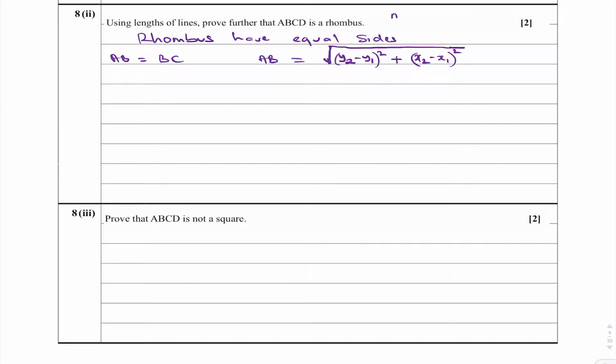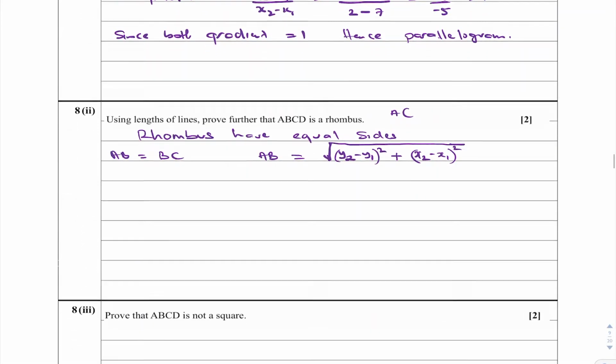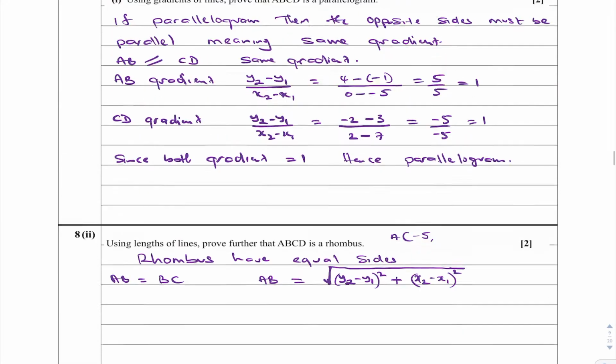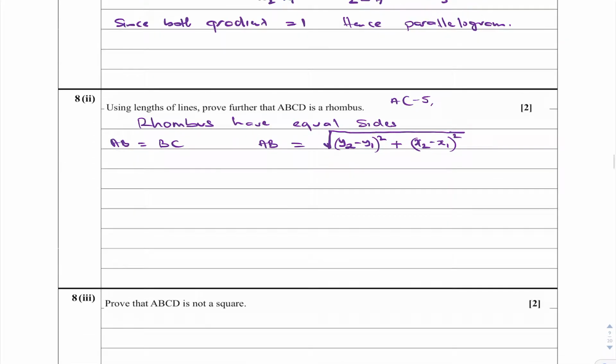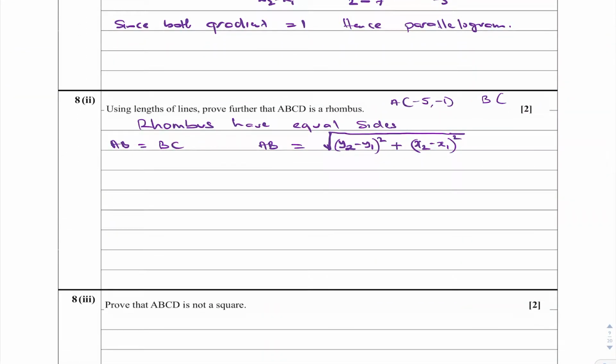Now if we look at the coordinates of A, that's minus 5 and minus 1, and B coordinate is 0 and 4.